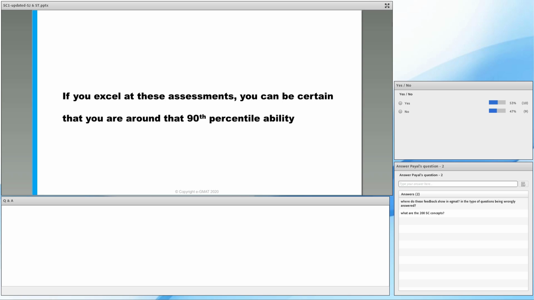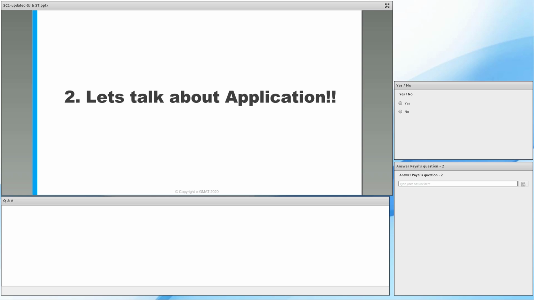If you're hitting the metrics, you can be sure that you are going to that 90 percentile, and in the opposite direction as well. If you're not hitting the metrics, then it really becomes very difficult to get to that 90 percentile, or essentially to score a 730 that I talked about in the starting phase of the session, right? Now, let's talk about application.